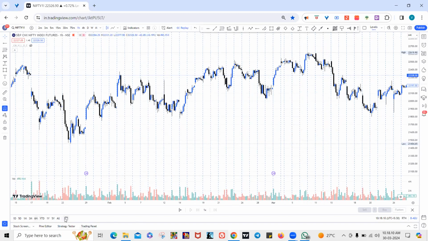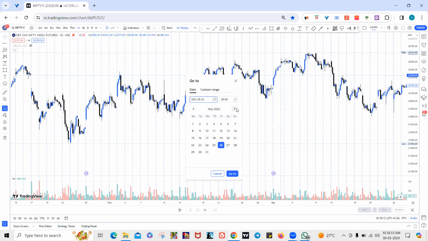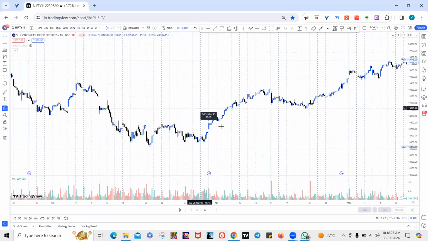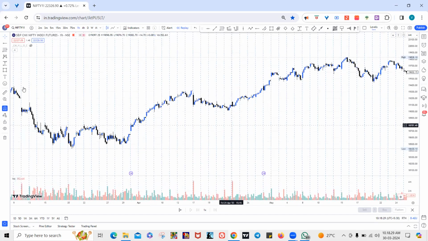So let me go back in time, for example, to the past 1 year. Take April. March 30th was the last Thursday, and the contract starts from 31st of March 2023, right? In TradingView, you can see this symbol over here.